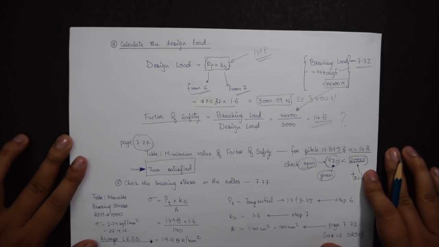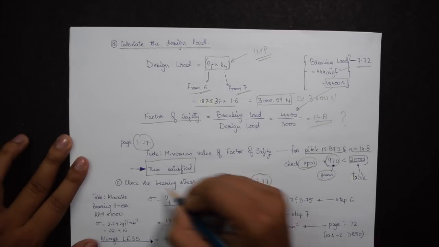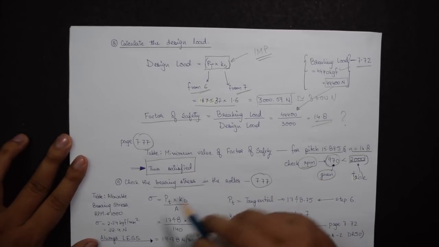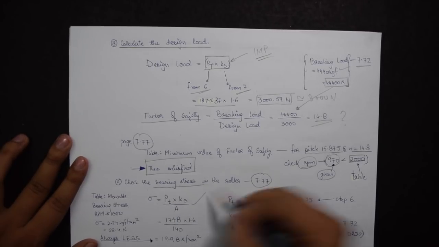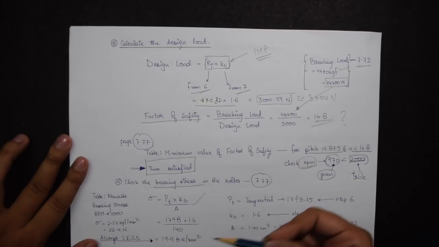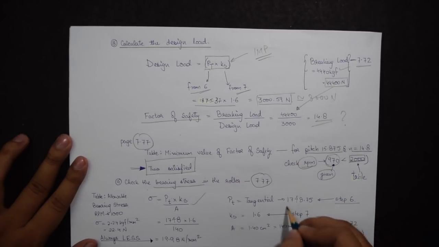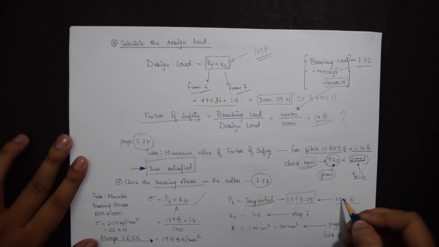Step 9 says check the bearing stress in the roller from page 7.77 again. So we have the formula sigma is equal to Pt into Ks divided by A. Just mug up this formula. So Pt we got from step 6 as 1748.75. Just remember this is P tangential and not the total load.